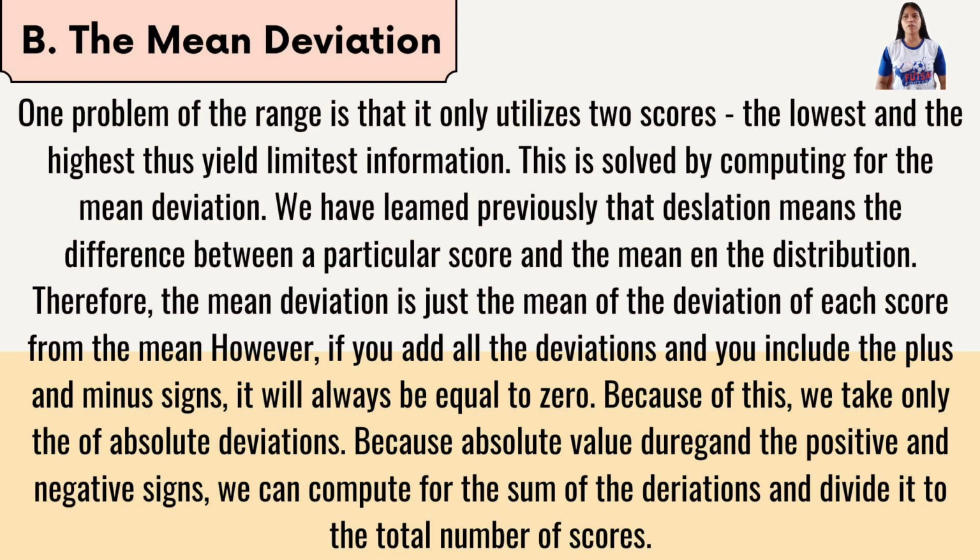So we take only the absolute deviations, because absolute value disregards the positive and negative signs. We can compute the sum of the deviations and divide it by the total number of scores.